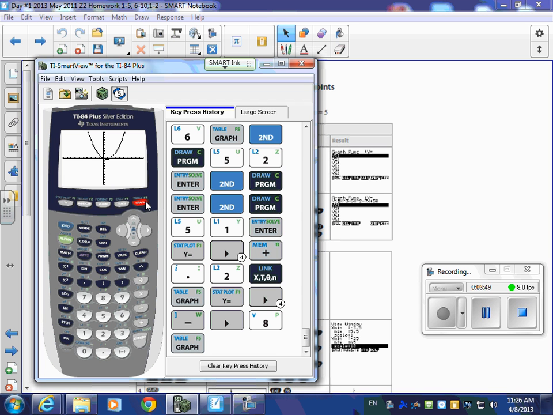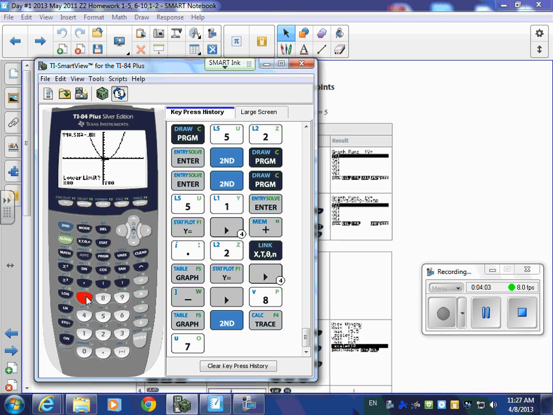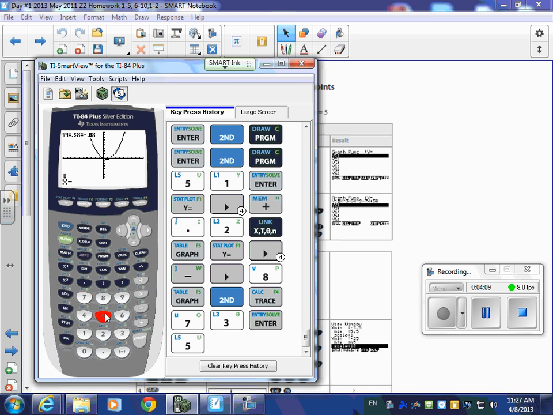Okay? 2 ways to do it. The easiest way is to go second, trace, and pick which one. 7, that's the integral, and we're going to go from 3, enter, upper limit, 5, enter, and it fills it in, draws it, and gives you the answer.